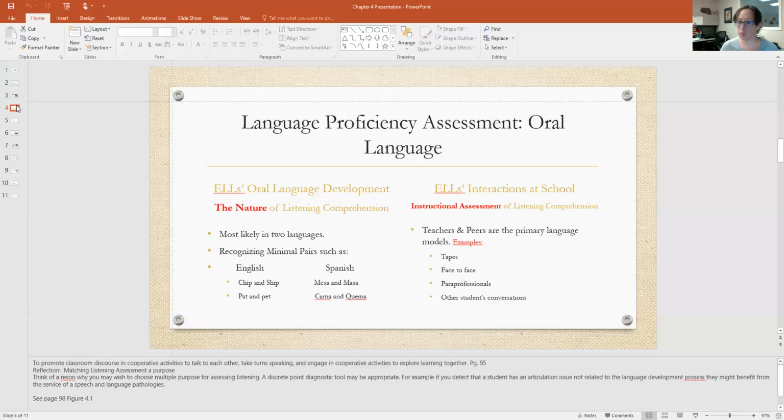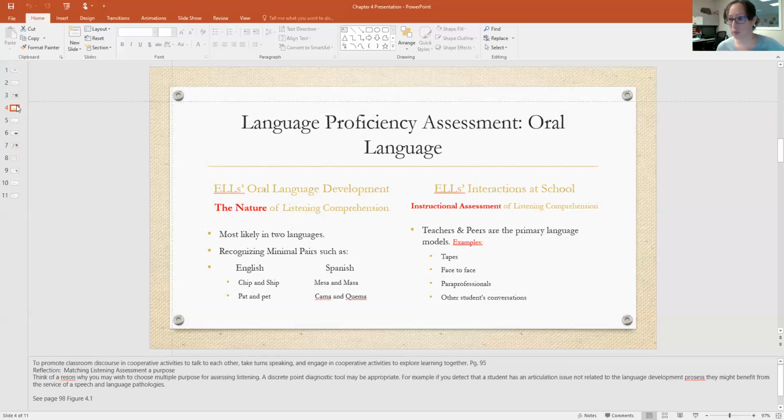That would be ideal, but due to circumstances at this time, we have to rely on social media. We also have paraprofessionals, also called paraeducators, that come in and work with our students, relying on other students and their conversations, watching their interactions.